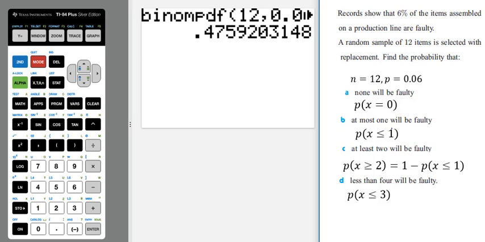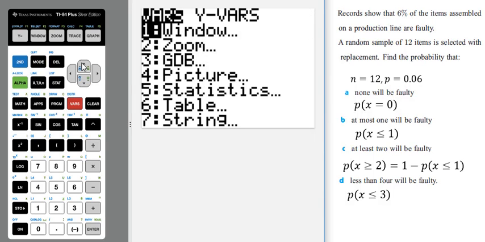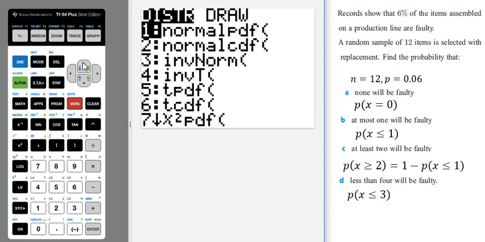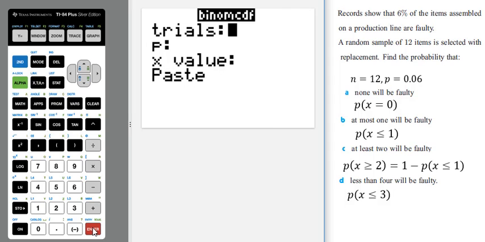Now let's go to B. At most, one will be faulty, which means we are looking for probability x less than or equal to 1. Therefore, we still go back to this distribution. Upper arrow, go to binomial CDF this time. Then enter.